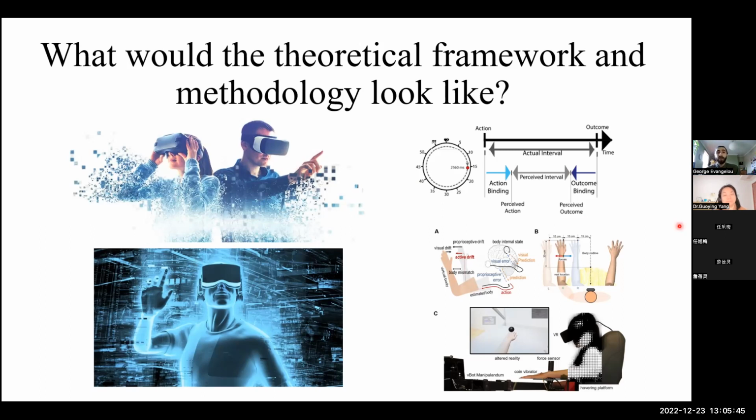We would need to define the virtual self, exactly what it means. And we need to ensure we're getting concepts and terminology in line with each other, because sometimes in VR research and psychological research, they're using different concepts and terminology, and that can create discrepancies in the research. So we'd need to come together in an interdisciplinary approach to define and move forward.